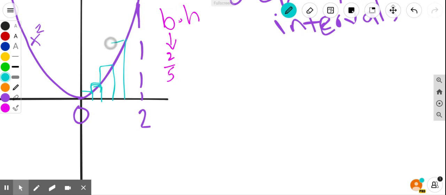Right now, just by drawing this, I can tell this will be an upper sum because the rectangles have these parts that are outside the line. Right? So this is still the 2/5, the 4/5, the 6/5, 8/5, and 2. So now I'm going to find the area of these rectangles here.